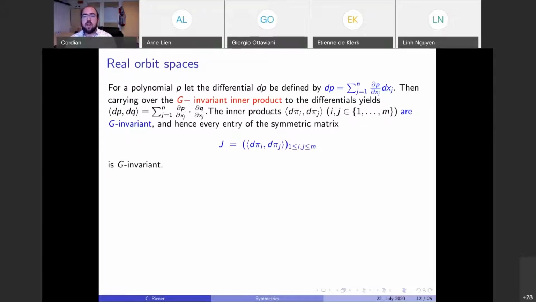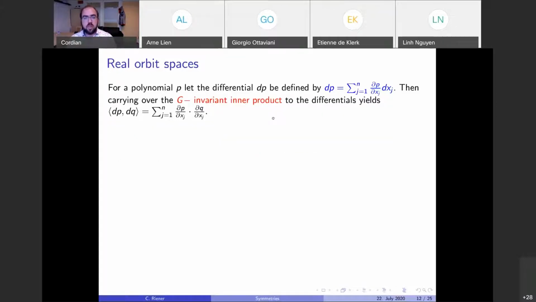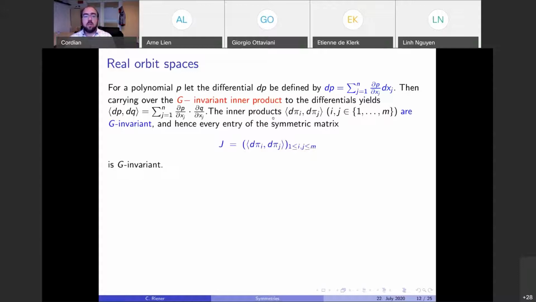So whenever I take my generators pi1 to pi m and take this inner product of their differentials, I get a G-invariant polynomial. Now I look at the matrix where I put all the possible pairwise scalar products of the gradients of my invariants pi1 to pi m.